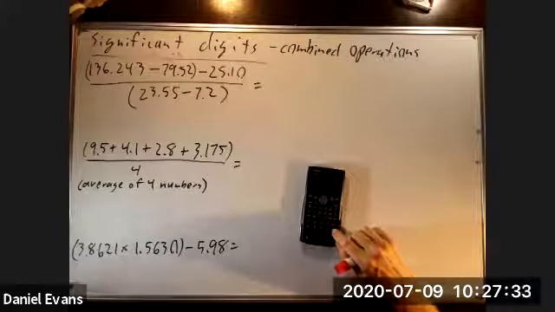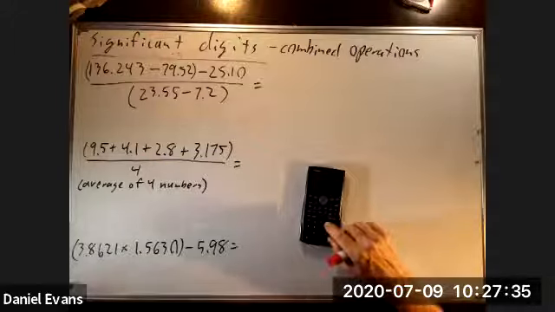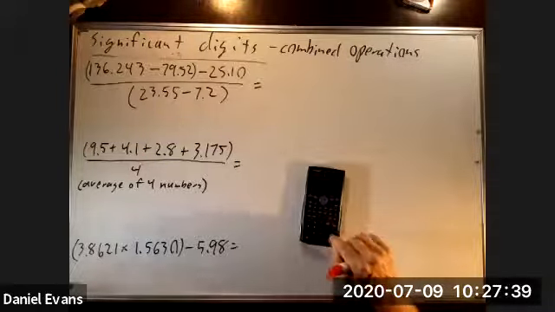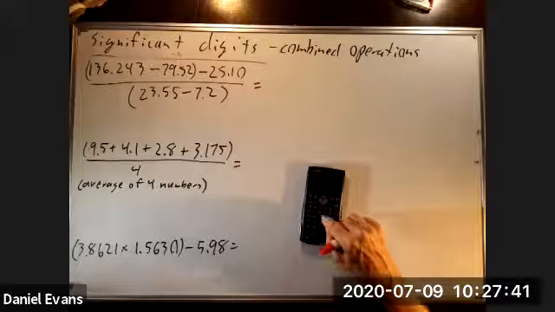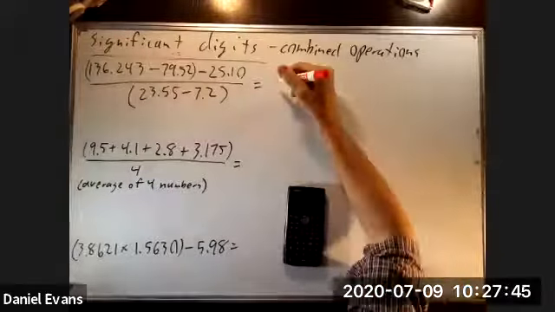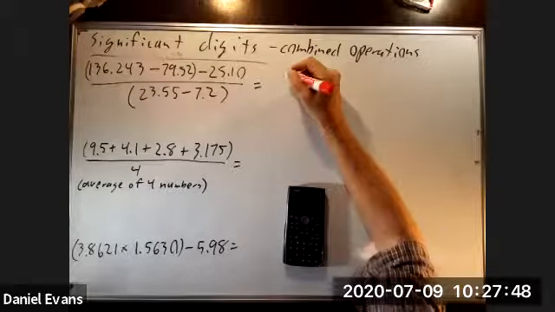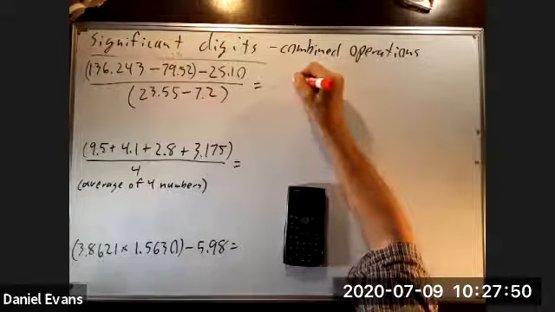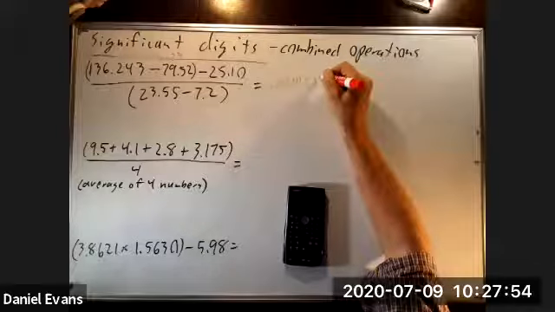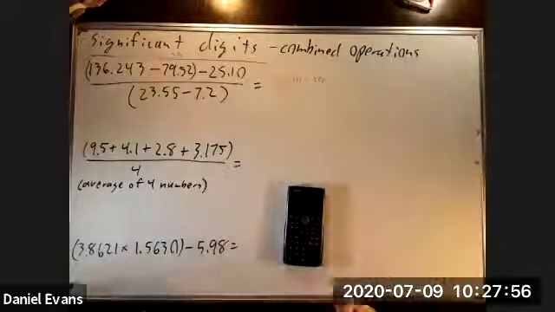I'll just finish the calculation, divided by parenthesis 23.55 minus 7.2, close parenthesis, equals. So the whole calculation gives me a 1.934123, and so on.